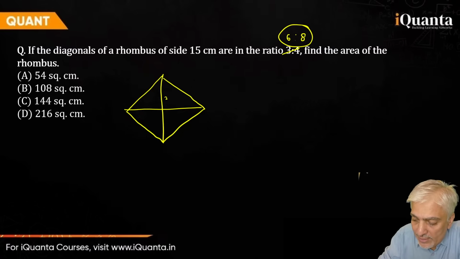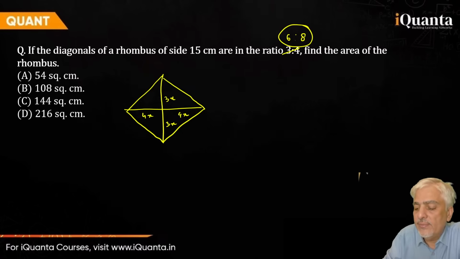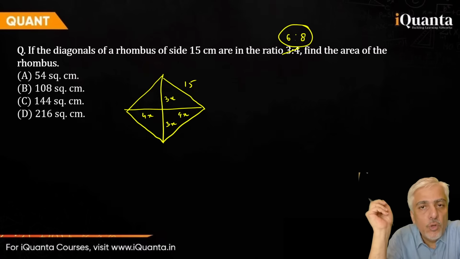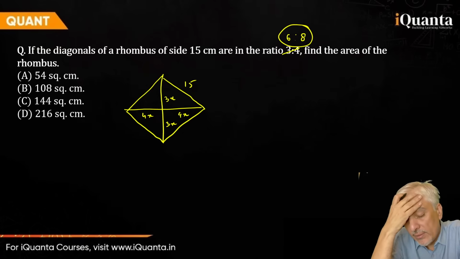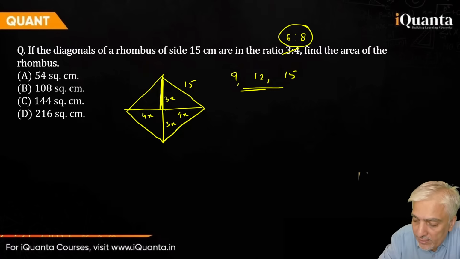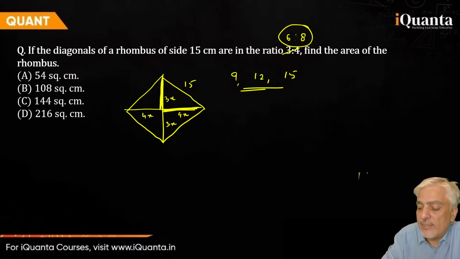So I can take this much as 3x, this as 4x, this as 3x, and this as 4x. This is 15. 3, 4, 5, a triplet. So it is 3 times. So by triplet logic, this will be 9, 12, and 15. This much will be 9. This will be 12. We want to find the area of the rhombus.